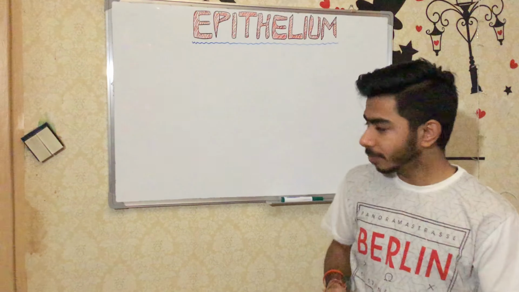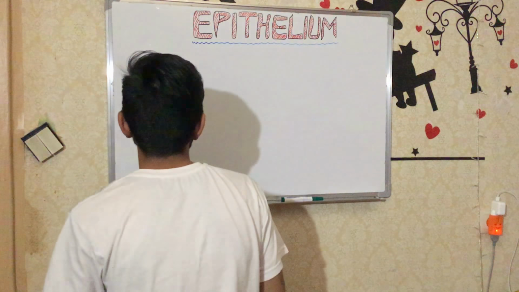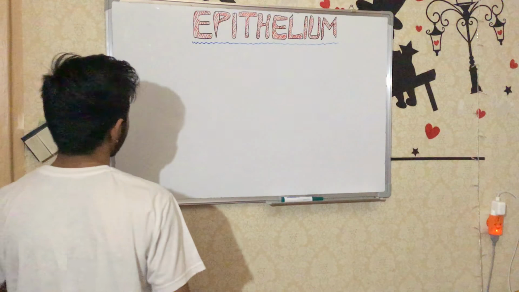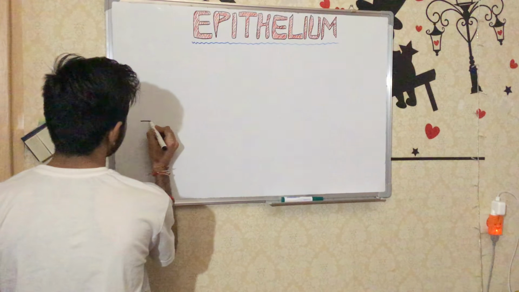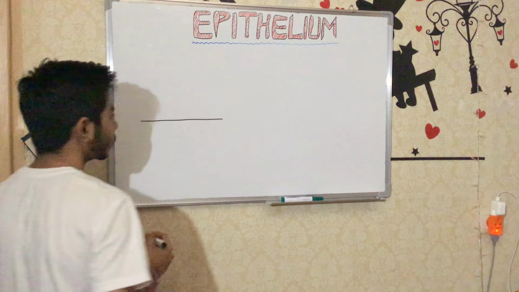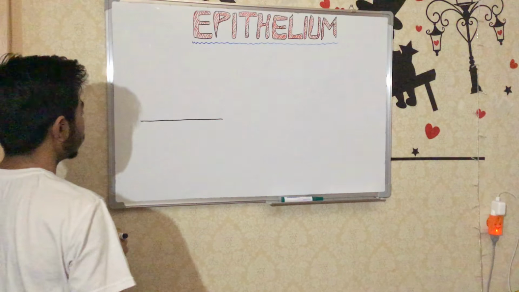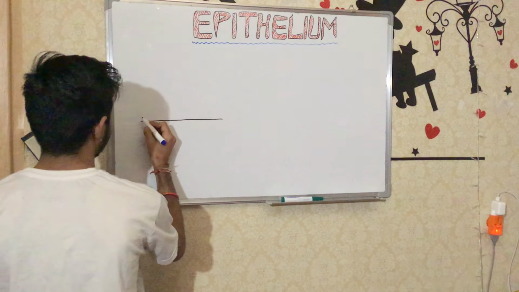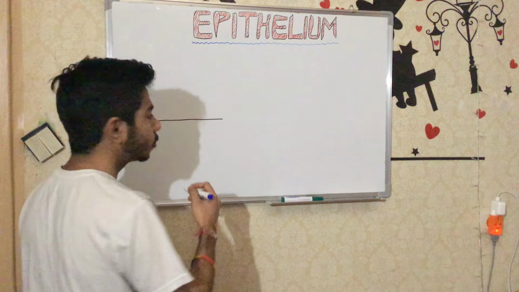So what is epithelium? If I present it diagrammatically, for example, let's suppose this is a basement membrane. This is the basement membrane over here, and here I am drawing the cells. Further, I will talk about the types of the cells.